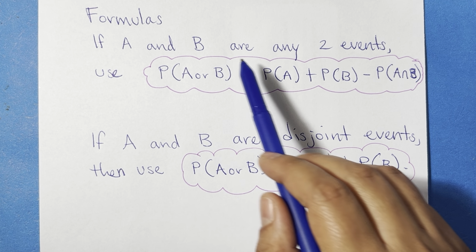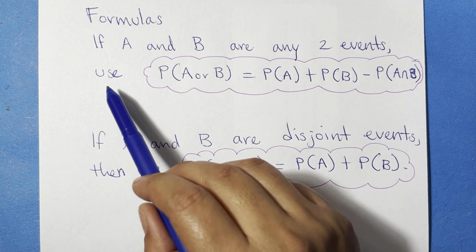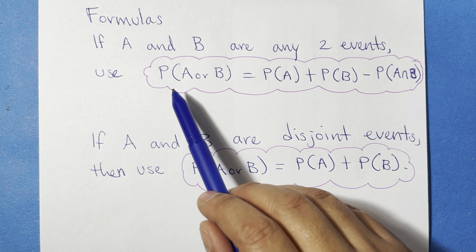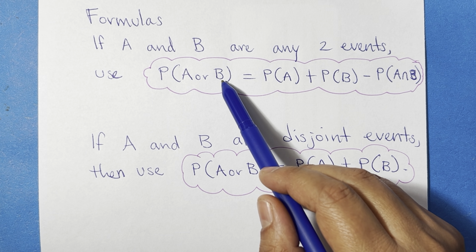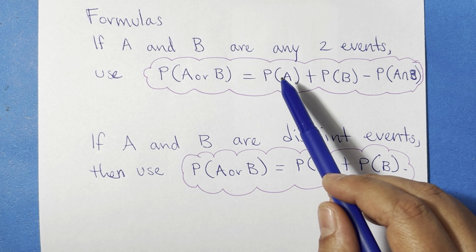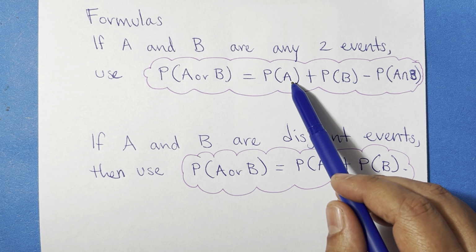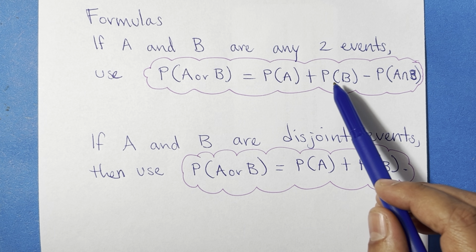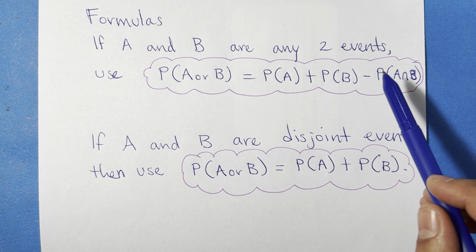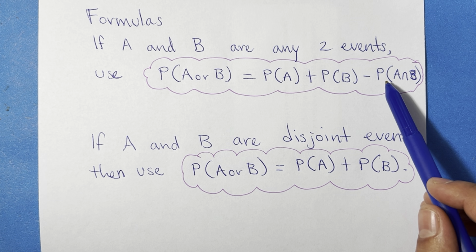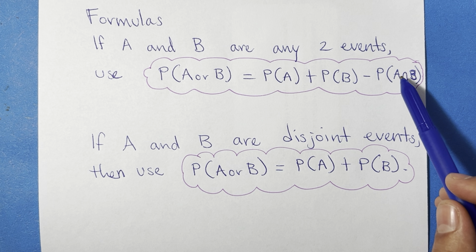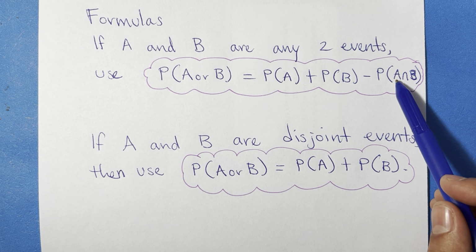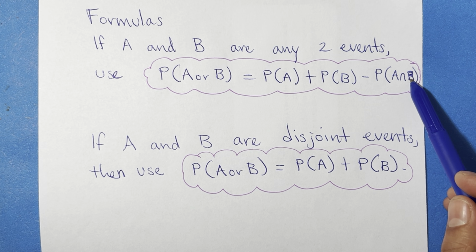If A and B are any two events, use this formula, which is the probability that event A or event B happen is equal to the probability of event A plus the probability of event B minus the probability of the overlap, which is the probability of event A and event B happening.